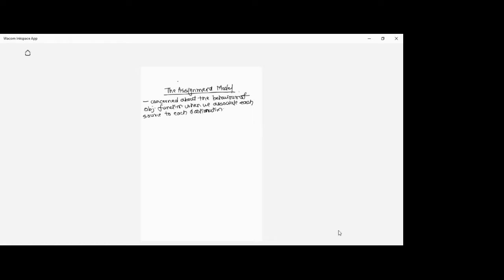Now, when I talk in terms of a factory and warehouse, it doesn't mean that the assignment model is restricted to these terminologies only. For example, I can give an example. If we have the HOD at our civil engineering department, and he has to allocate a task to each of the faculty.